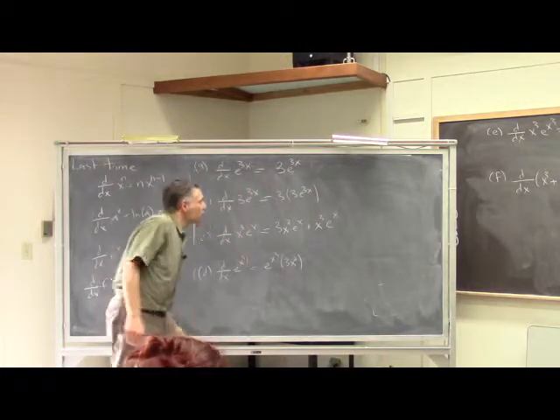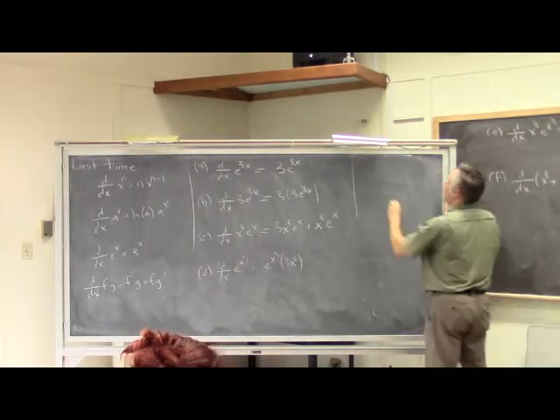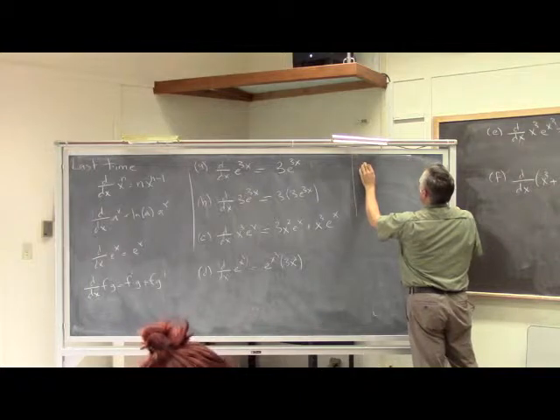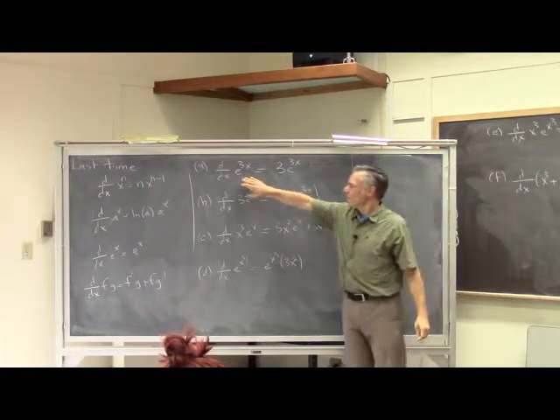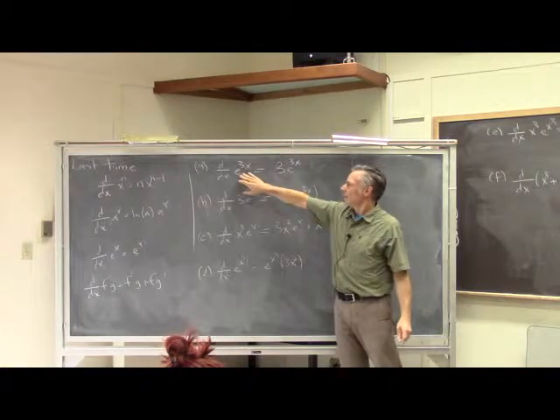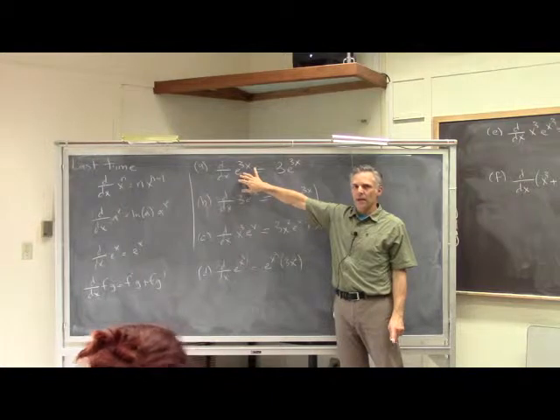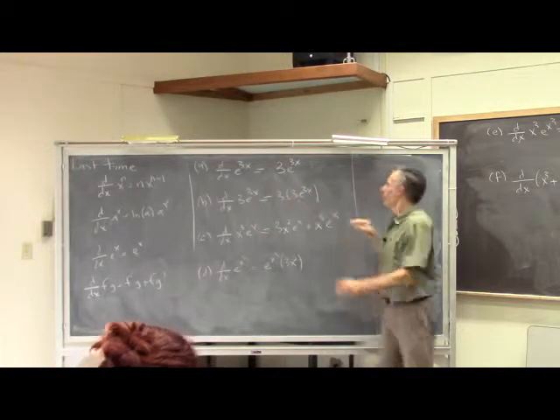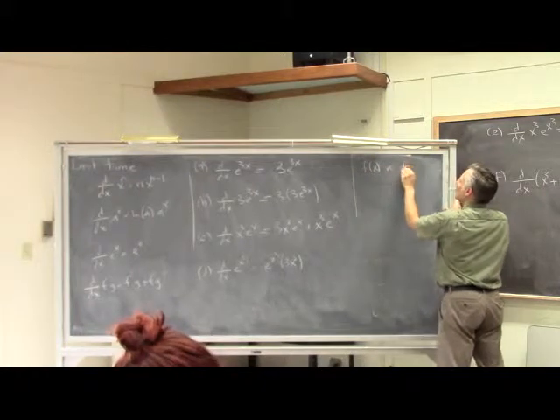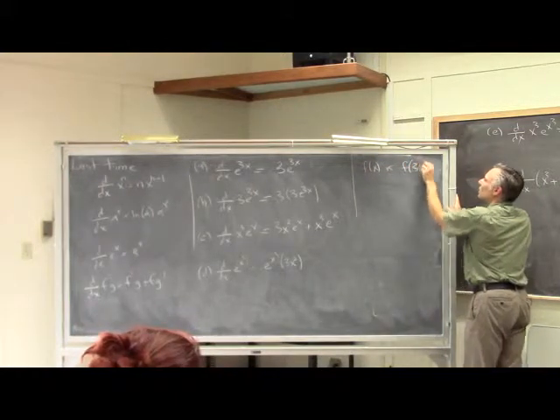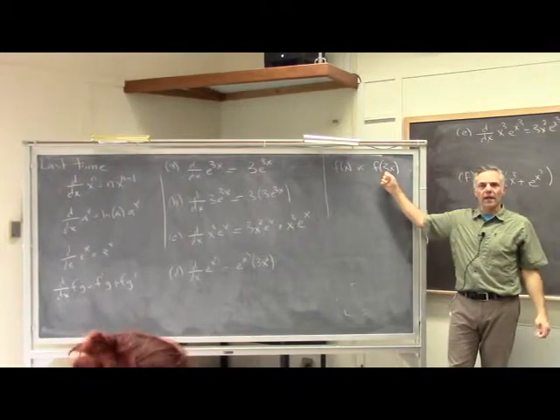Here's another way to think about the chain rule. How does the function e to the 3x compare to the function e to the x? Or in general, how is this function related to that?